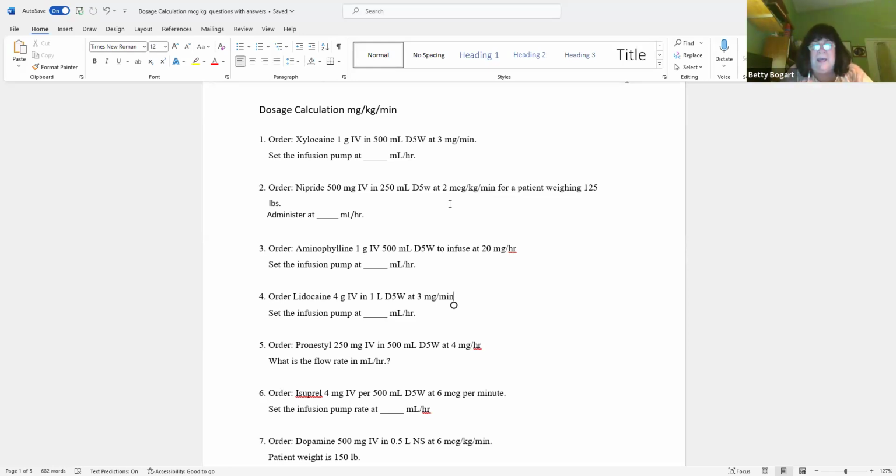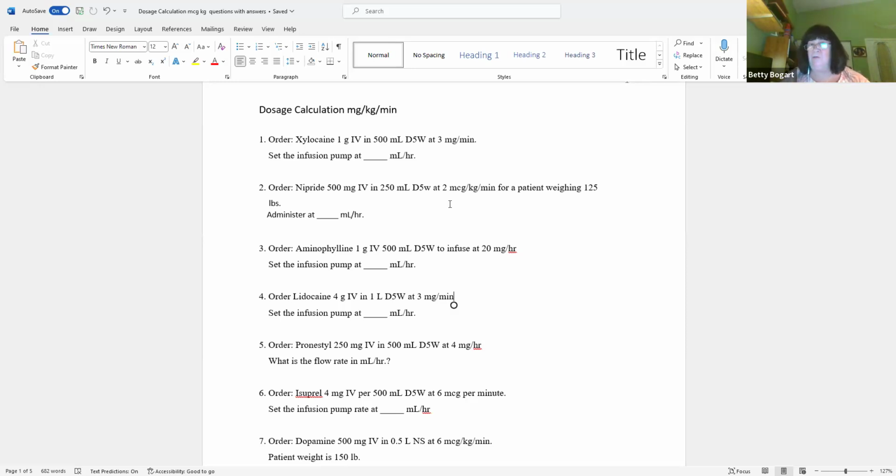Students say, oh my God, I don't know what to do with it, it's just too much. Well, again, they're all giving you a dose to be delivered. Number one, simply, they gave you a bag of whatever. It has 1 gram in 500 mLs, and your dose is 3 milligrams per minute. Did you see how easy that is?